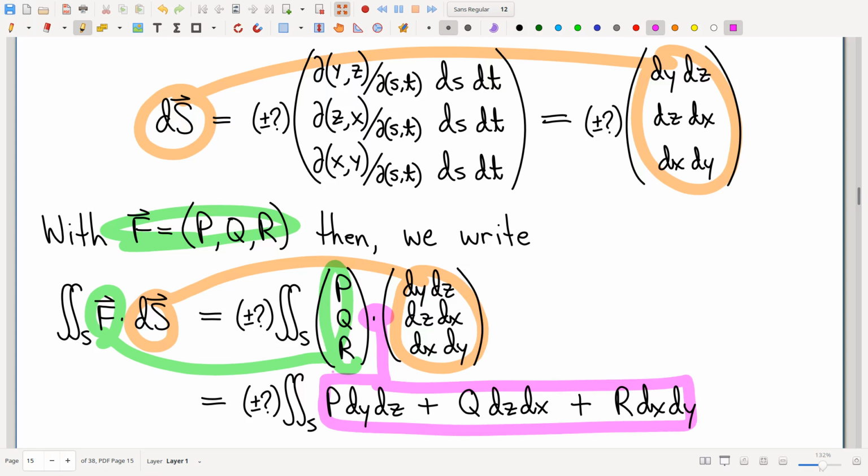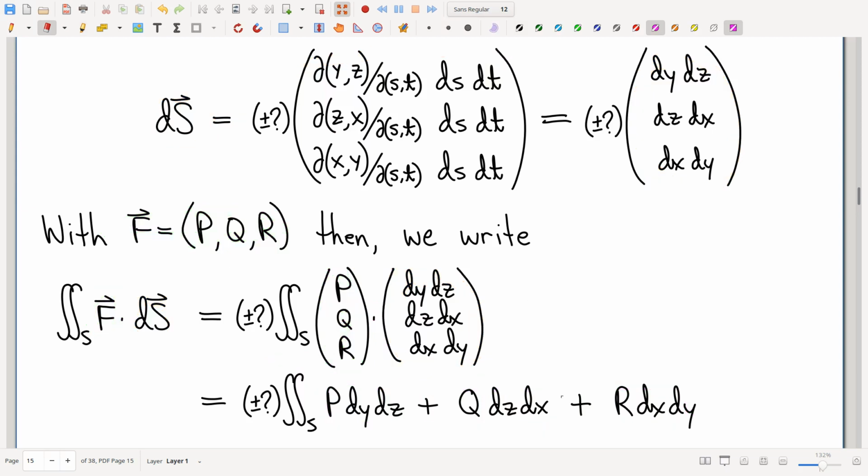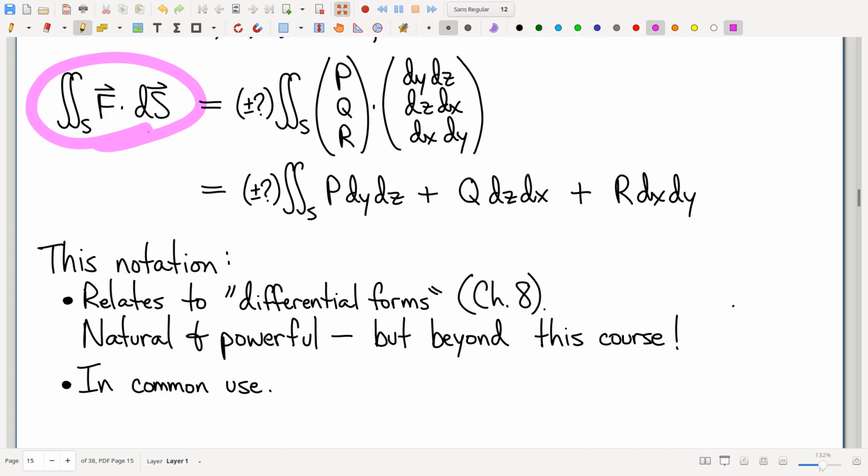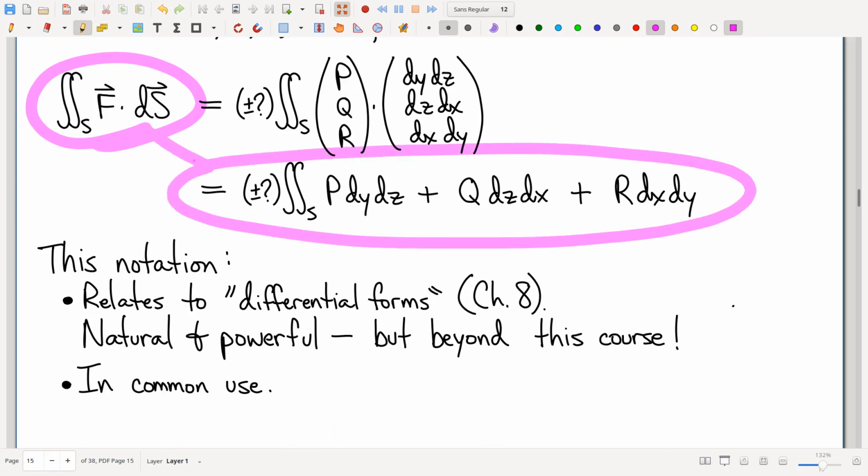It's just notation. As far as we're interested in this course, this is just notation. So we have just an alternative way to write down a vector surface integral, and some people like this. Some people like to use this even when there's no particular reason to, at least in my experience.